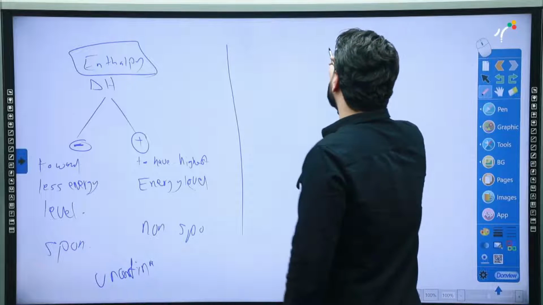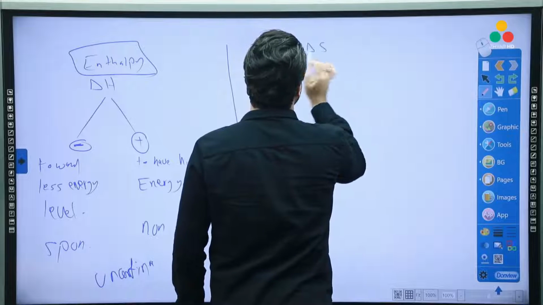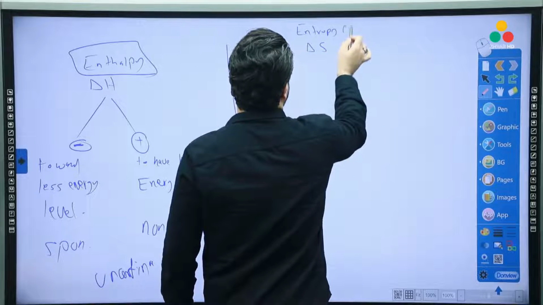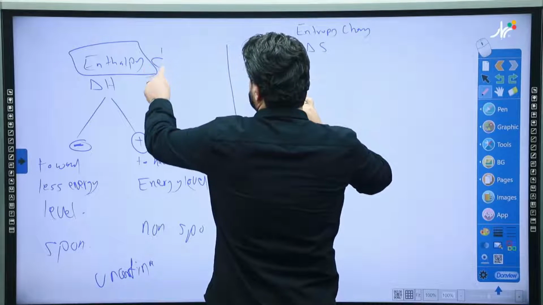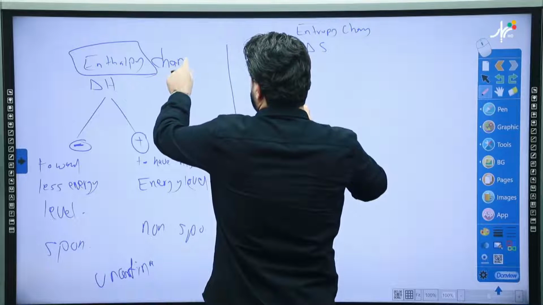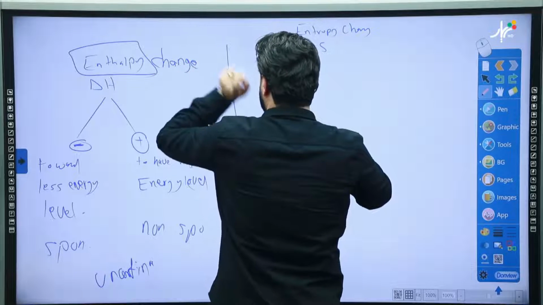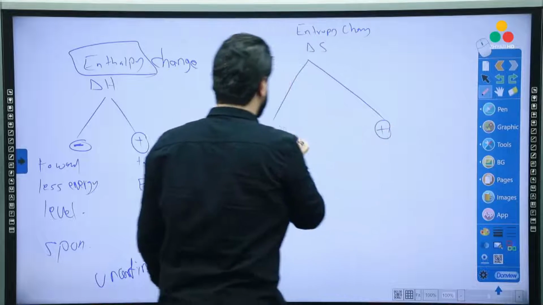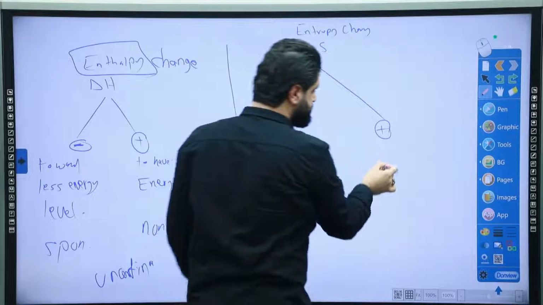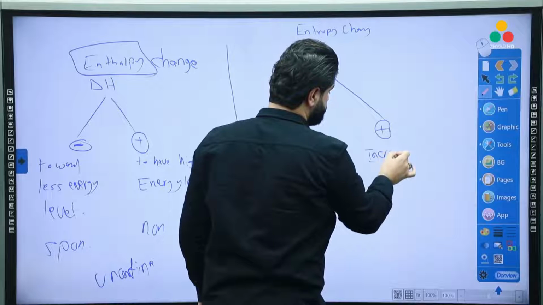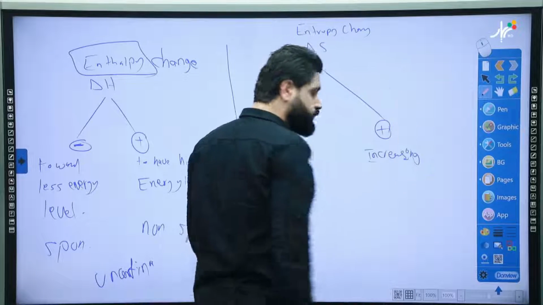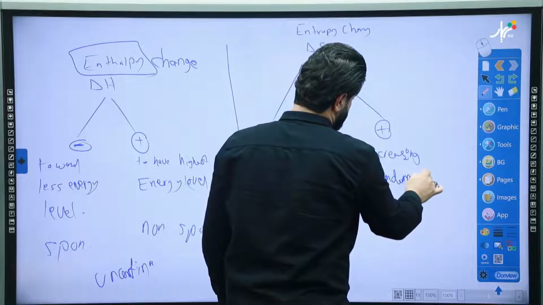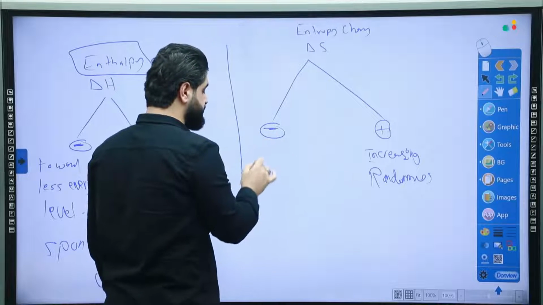And according to entropy, we have delta S, the entropy change. And it's enthalpy change, of course. Entropy change. We have two types of entropy change, positive and negative. This is increasing randomness, but this one is decreasing randomness.